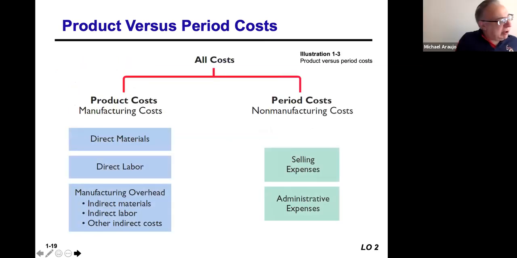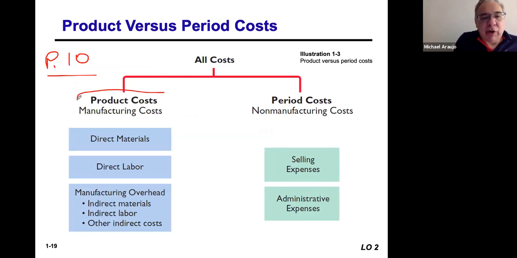So this illustration is on page 10 in your book, if you have it. If not, you'll see it in the slideshow and in your reading. And it basically shows the differences between product costs, which are specific to manufacturing costs, and period costs, which are other costs that are not manufacturing costs.